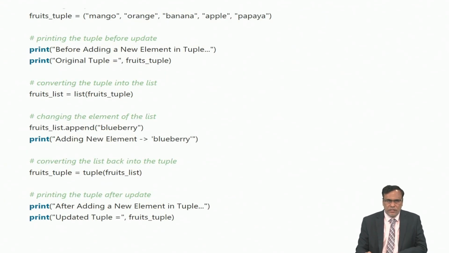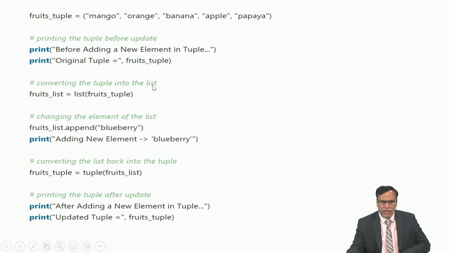See here we have one tuple having 5 values. The name is fruits tuple. Before adding other elements to this tuple, I just print out its content.